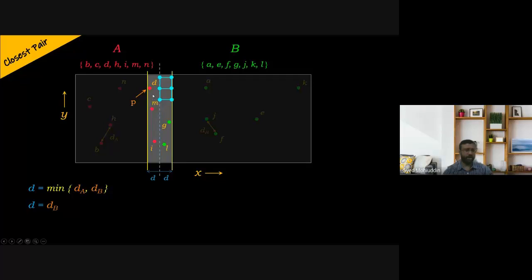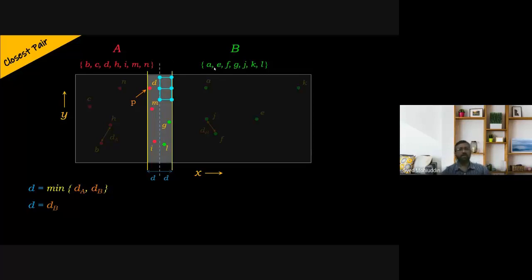If one lies, that means the D and DB we computed is wrong. So we don't have to compare the points among the ones which lie in the shaded A region. We only have to compare points which lie towards the shaded B region, and there will be at most 6 points.